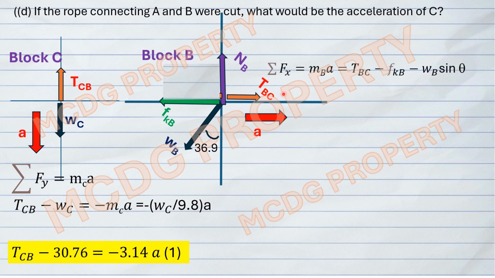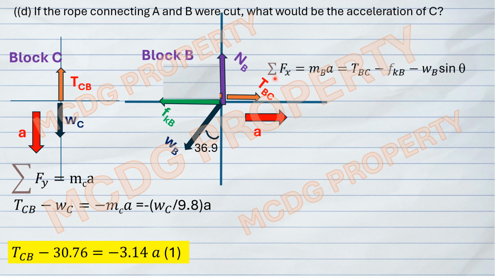So we get the equation from the summation of forces along the x for block B. So the summation of forces along the x for block B will be equal to m times A. In this particular case, it is mass of block B times the acceleration of block B. And this one will be positive because the acceleration is going to the right. And that is our convention. So what are the forces along the x for block B?